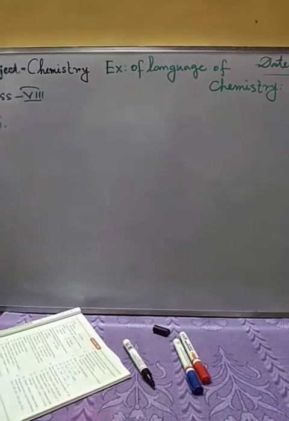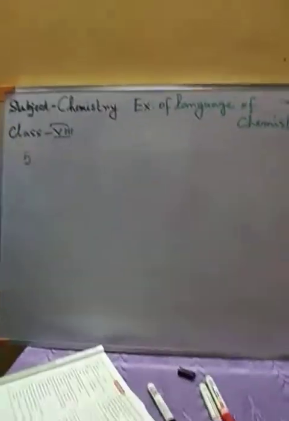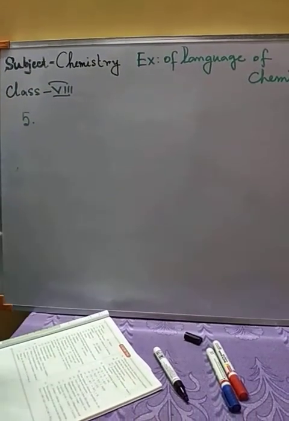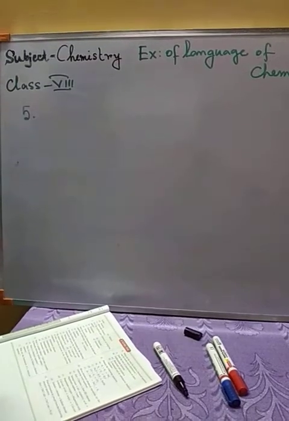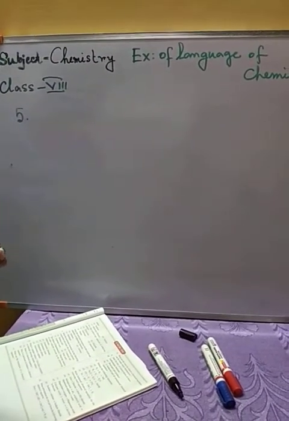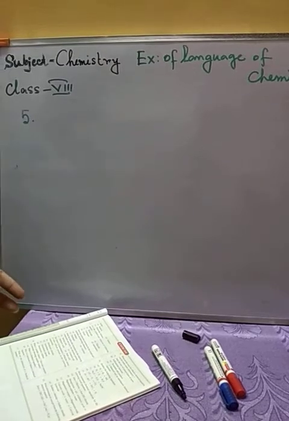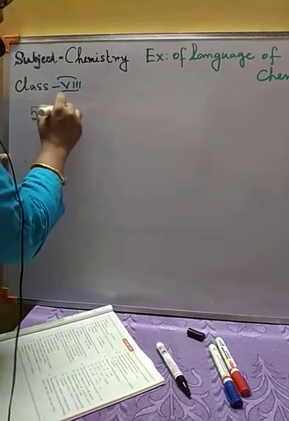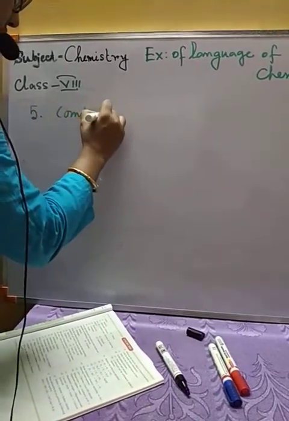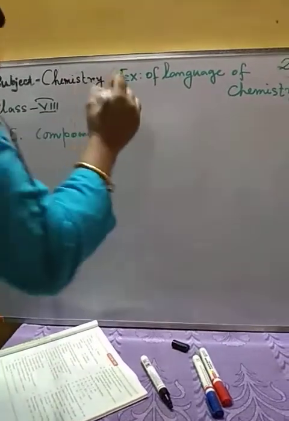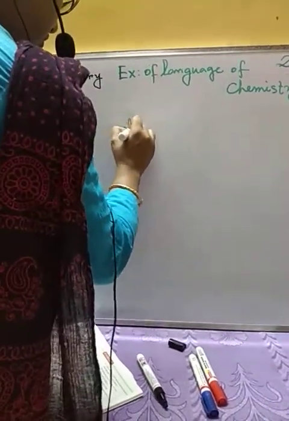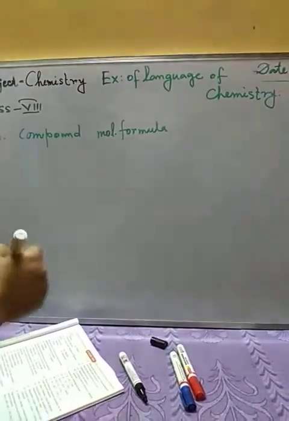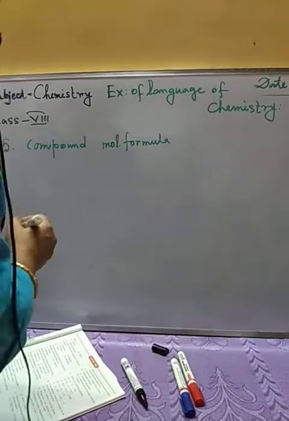Though it's not asked, we will be writing the molecular formula of the compounds given, and from that we will write down the radicals, and then we will write the valency. So: compound, molecular formula. I am writing in short because much space is not there.